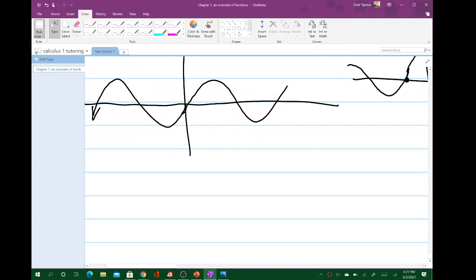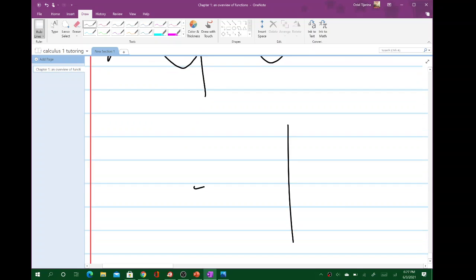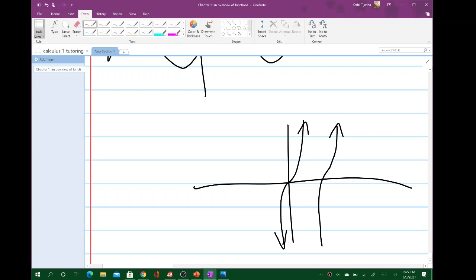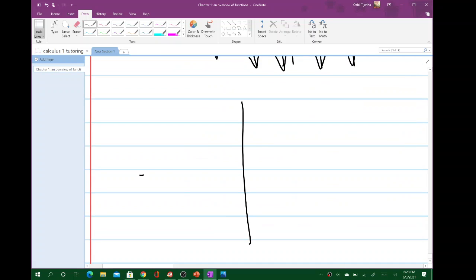And then there's tan x. So tan x just looks like this all over. That's how that is. And then cotangent x, or rather cosecant x, I'm just gonna try to sketch these as best I can because it's a little bit hard.